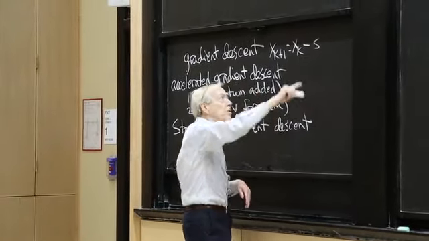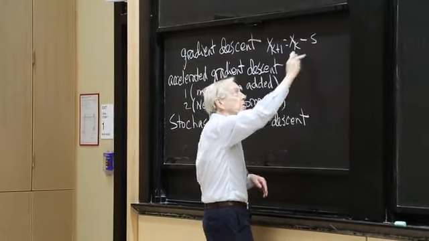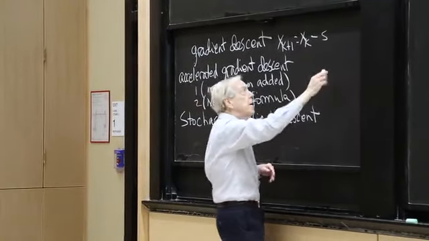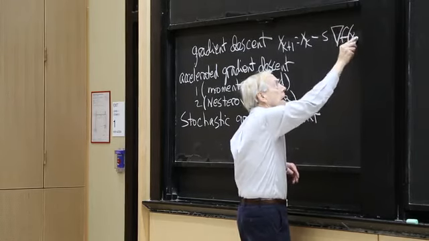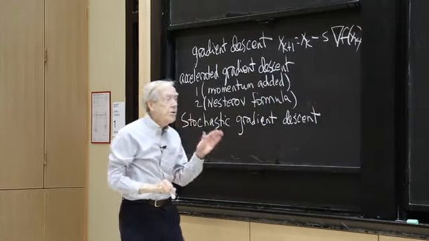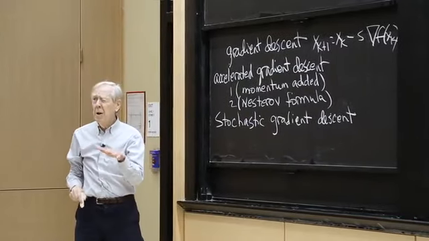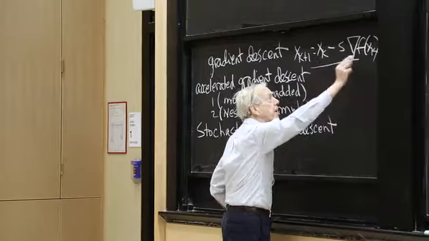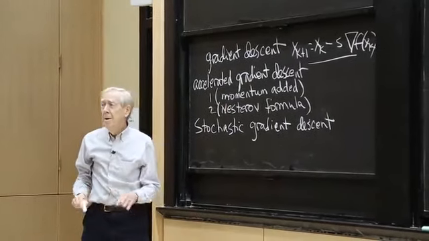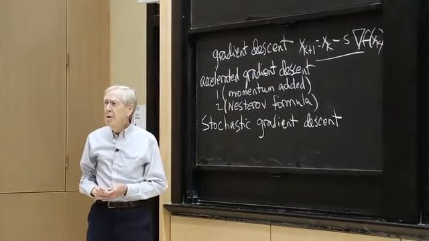We're going downwards, so with a minus sign, that's the step size, and we compute the gradient at xk. So we're descending in the direction of the negative gradient. And that's the basic formula and is in every book.